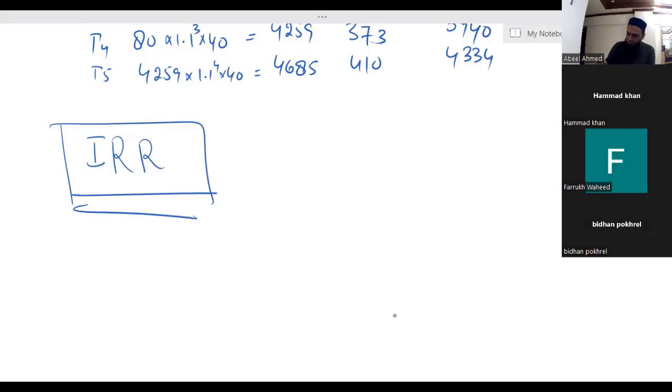That's great, because the shortcut has made life very easy. Okay, IRR, I'll be a bit quick now. Internal rate of return. Relating to IRR, people should know a few things. Number one, IRR is a cost of capital which gives an NPV of nil, zero.